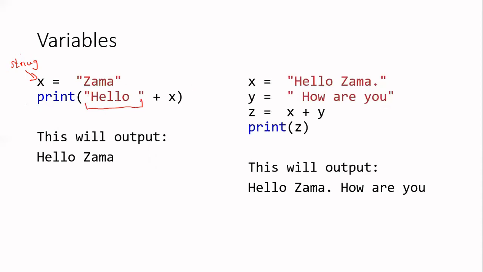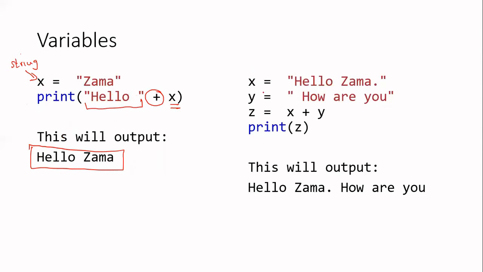You'll notice when you want to separate the message and the variable, we make use of the plus, which means to join the message to the variable. So we've got print, which is the message hello, and x, which contains zama. The output there will be hello zama. So that is how that segment will display.